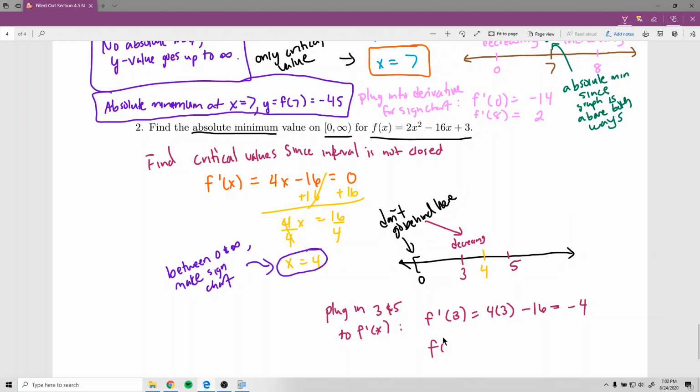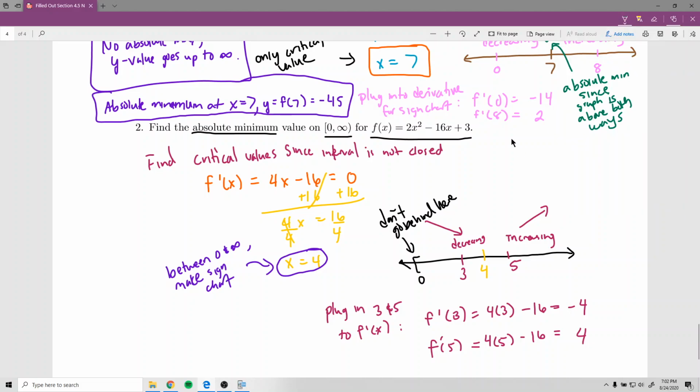Right, and then if we plug in 5, we get 4 times 5 minus 16. 4 times 5 is 20, minus 16 is 4. So positive means it's increasing, and it's going up after 4.